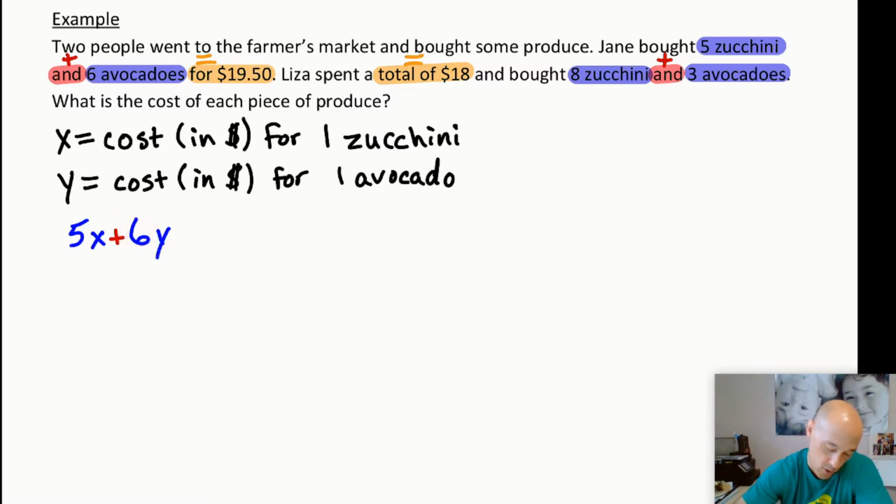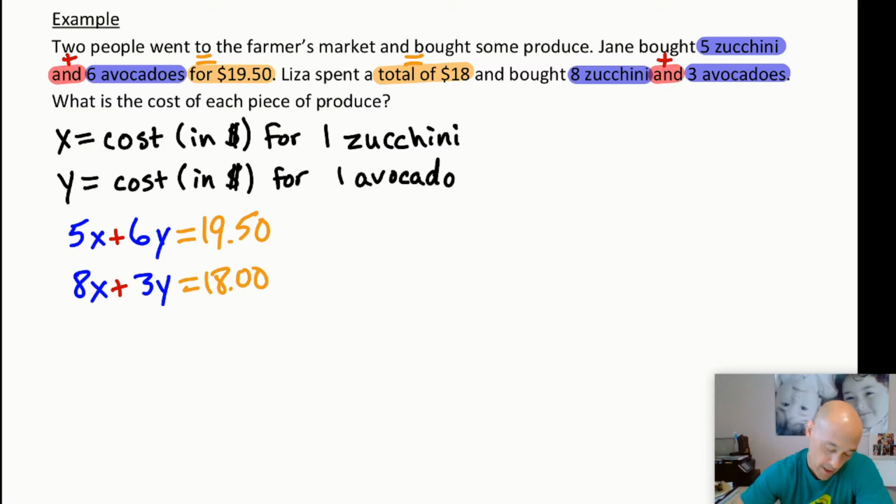We don't know how much each one cost, but we know that she spent a total of $19.50. Now for Liza, she spent a total of $18. She bought 8 zucchini and 3 avocados.